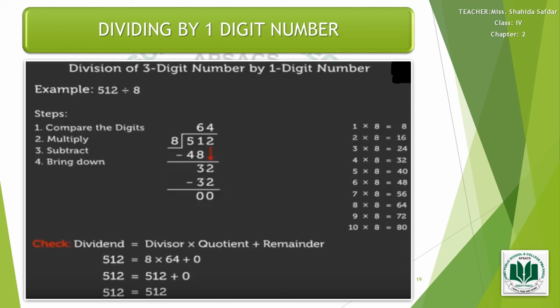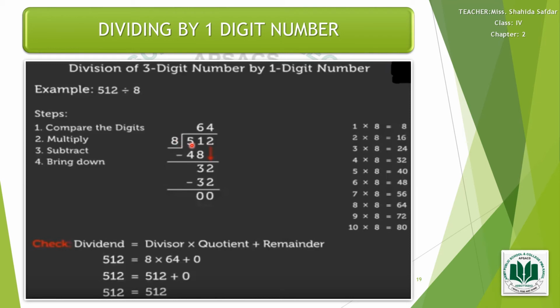Students, the first step is to compare the digits. Here we will compare the leftmost digit of the dividend with the divisor. The leftmost digit is 5 and the divisor is 8. So we compare 5 and 8.